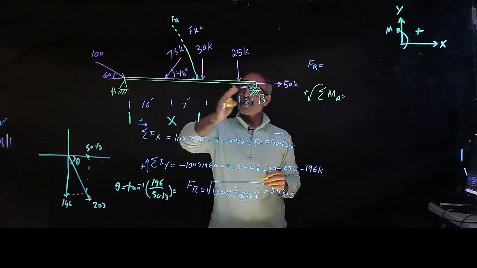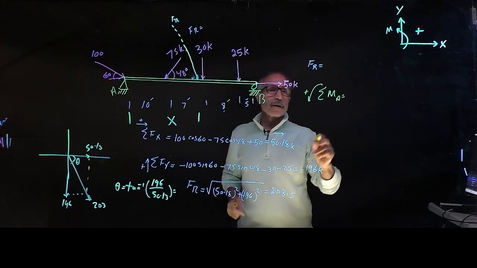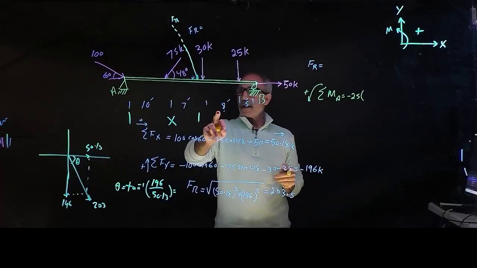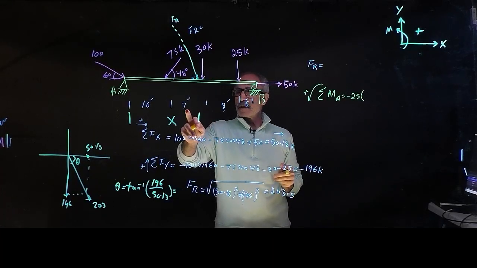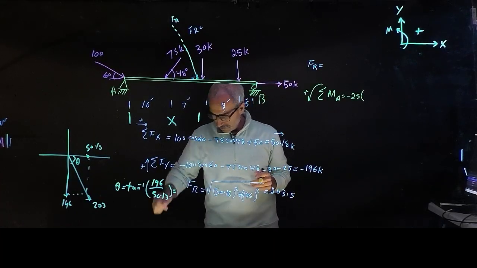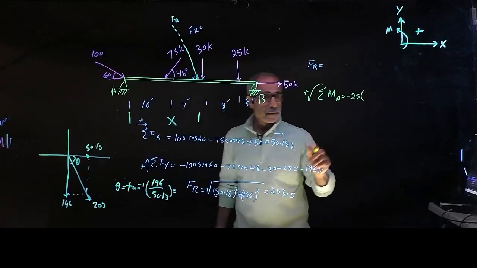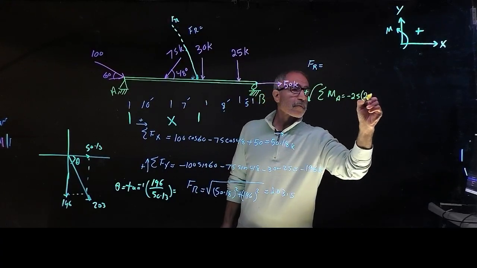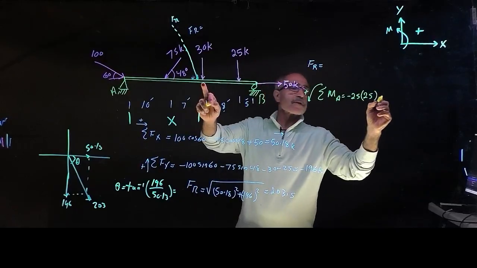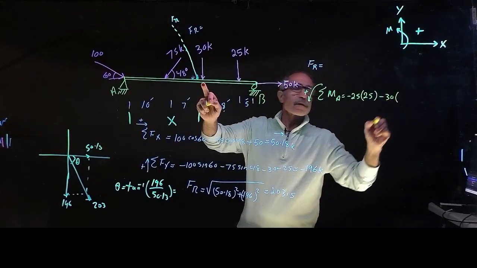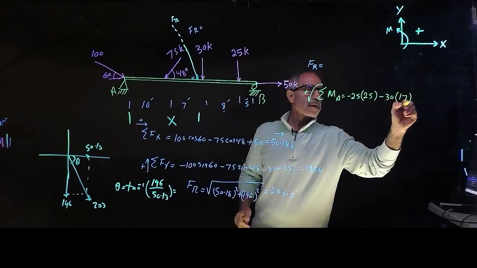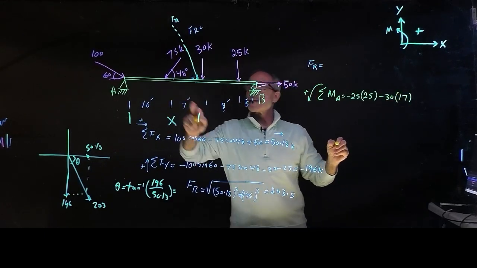Going from here, it's going to be minus 25 times 8, 17, 15, 25, and then minus 30 times 17.